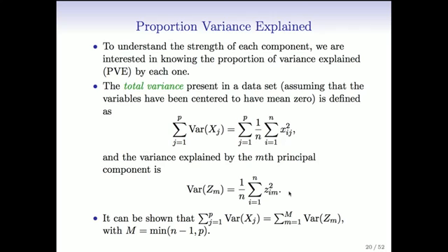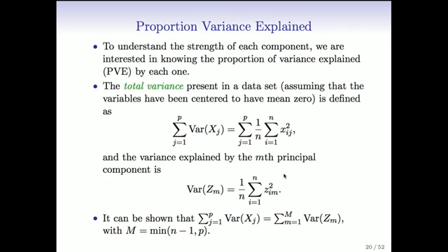And the variance of the mth principal component is going to be the sum of the z_im squared. Again, the z_i's are going to have mean 0 because the original x's have mean 0, they'll inherit that property as well. So this is an expression for the variance of the mth principal component.